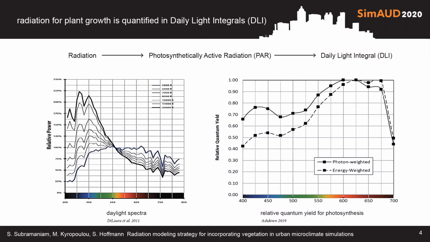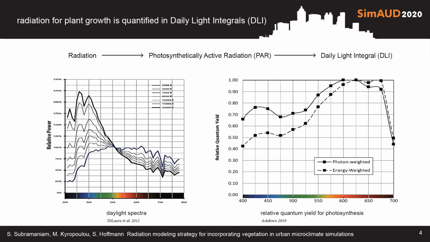Now, DLI is an aggregate of photosynthetically active radiation, or PAR, and PAR is a range of wavelengths of solar radiation that is responsible for photosynthesis. So PAR and therefore DLI depends on the spectrum of a light source.